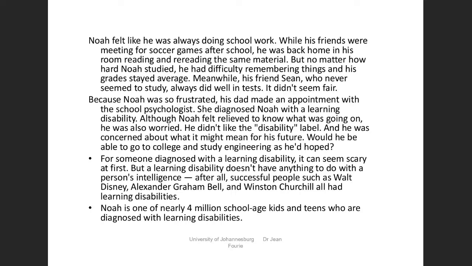Just because you know what the label is does not make the problem go away. Noah was still worried. He didn't like this disability label, and that's why we have to be very careful when we use these labels. And there's a whole series of debates that we can have about using labels of disability and ability.